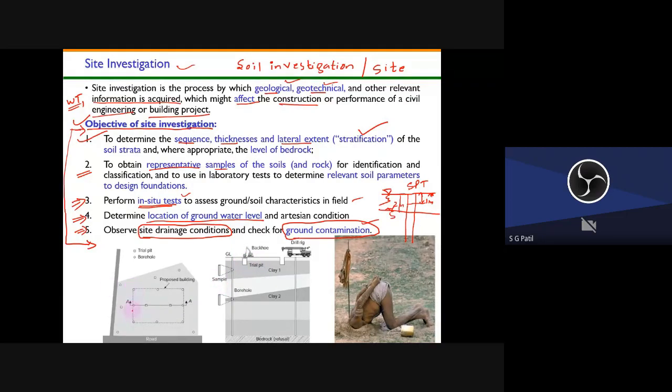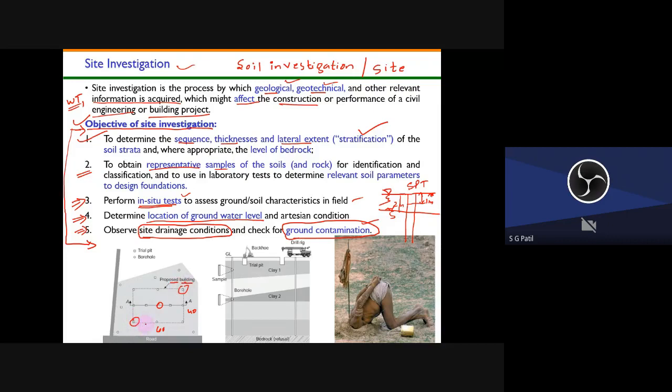Suppose this is your proposed building, and here are your column positions. Suppose your structure is something like a 60-40 site. Then you make a borehole here, another borehole here, and another at the center.